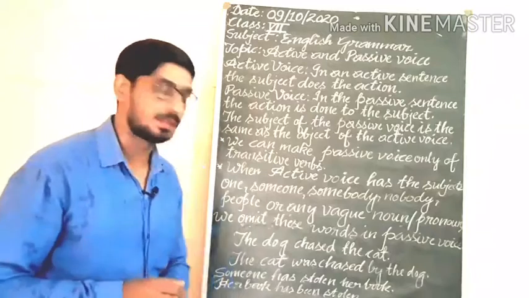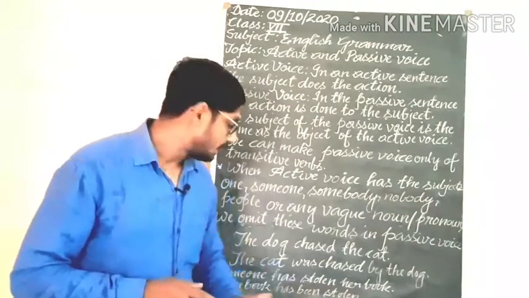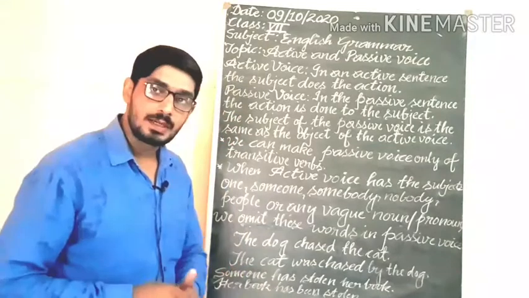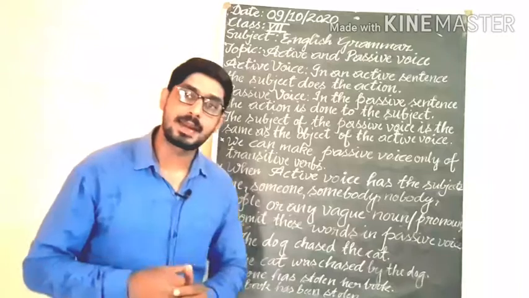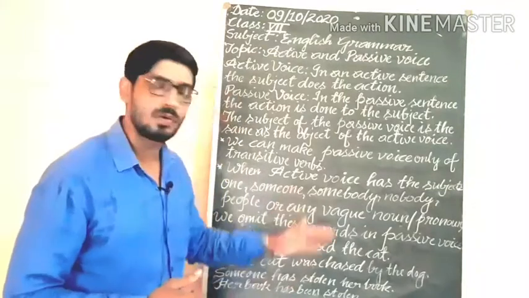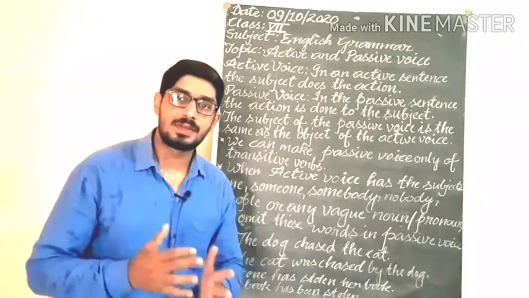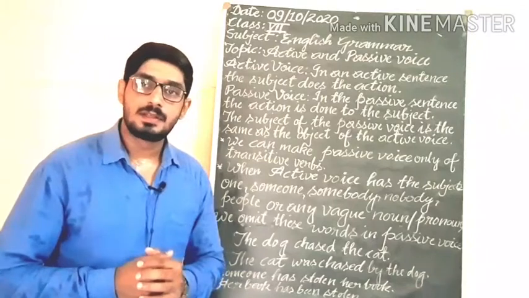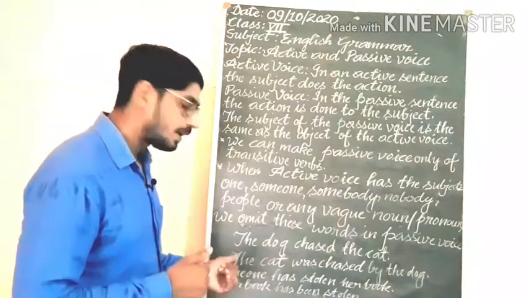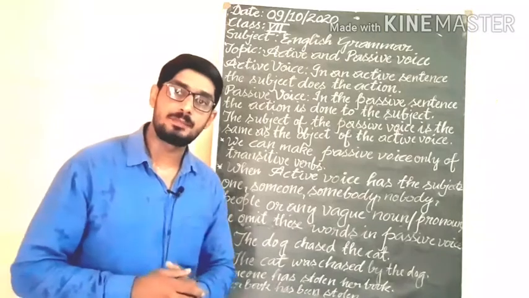Look at the examples. Someone has stolen her book. Here you are getting the word someone. As I have told you, if you are using these words in active voice, someone, anyone, no one, nobody, anybody, none, people, such types of words which are unclear, vague, only these words will be omitted in passive voice.